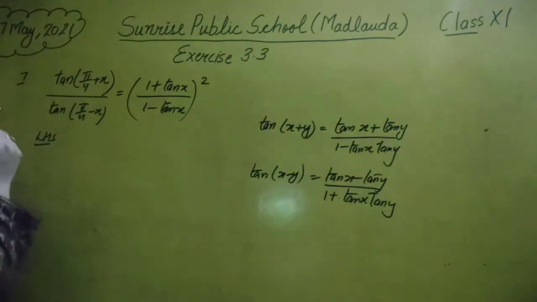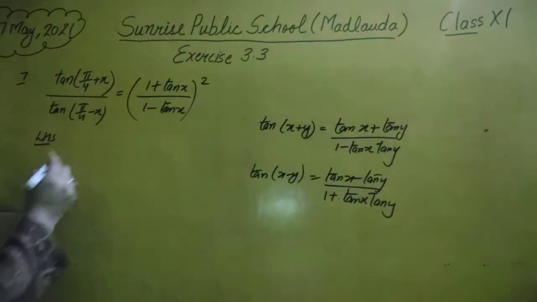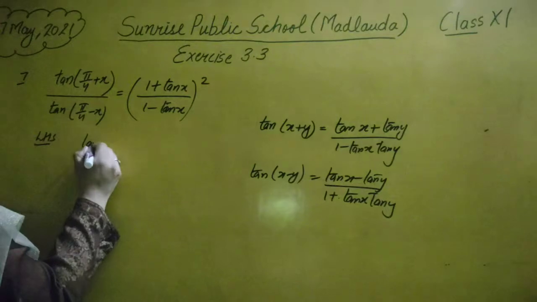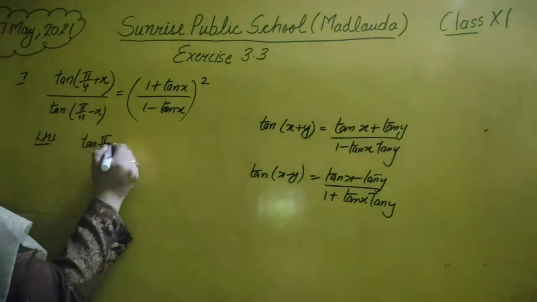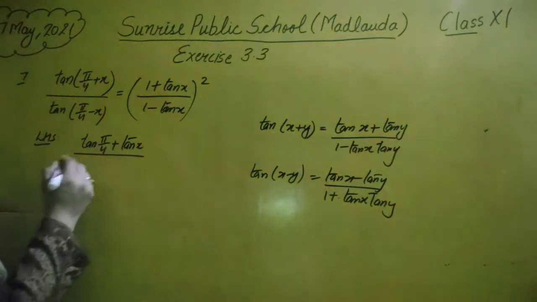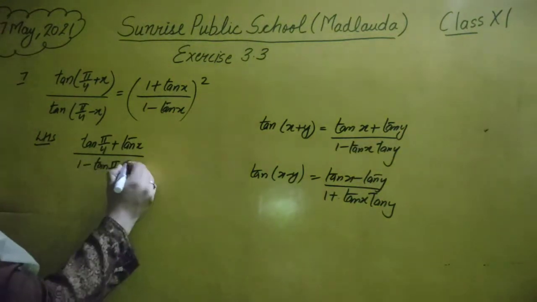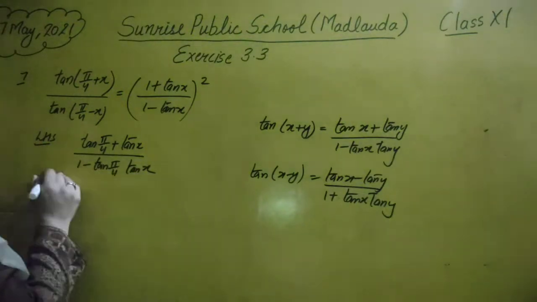Now, in the left hand side, if we use the identity in the numerator, we will write tan pi by 4 plus tan x divided by 1 minus tan pi by 4 and tan x.